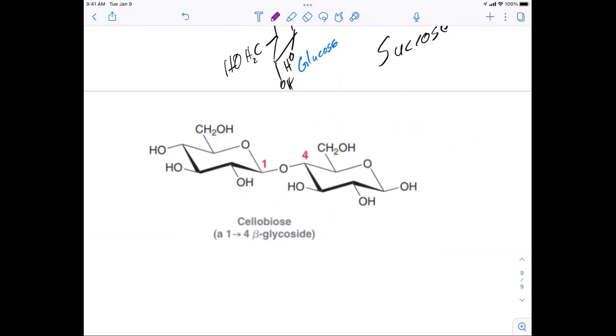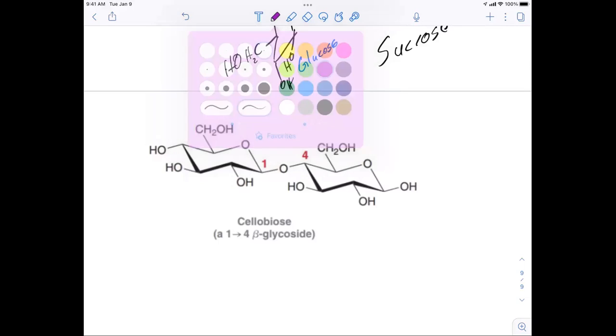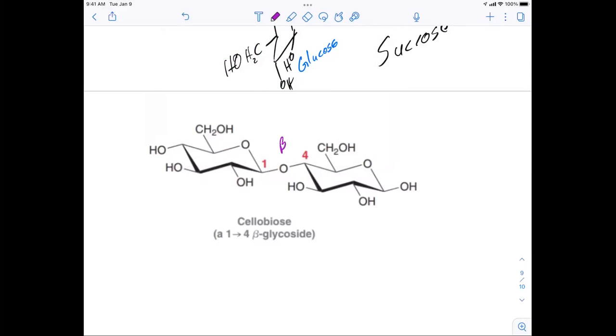Here, this is cellobiose, right? So cellulose. But notice here, in this middle, that now this is a beta. So our position right here, this is an alpha, this is beta, right?